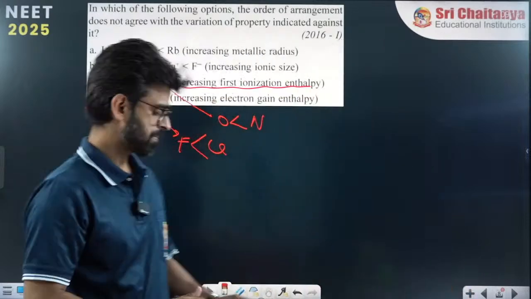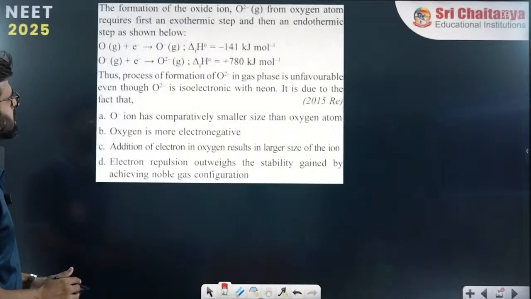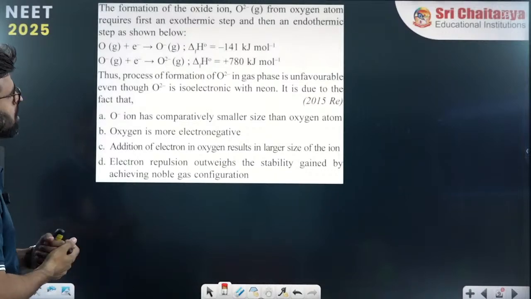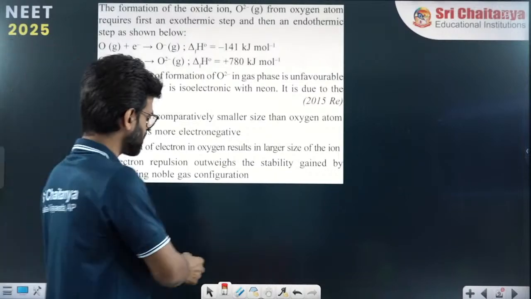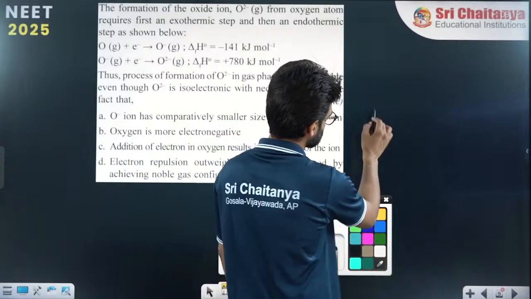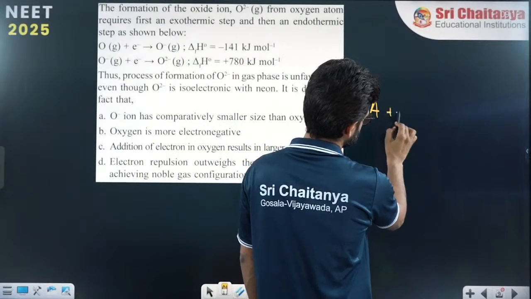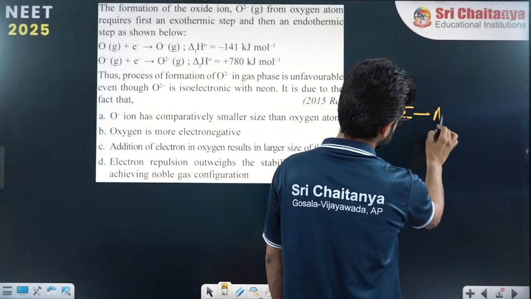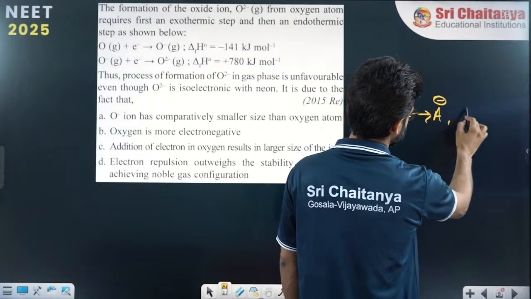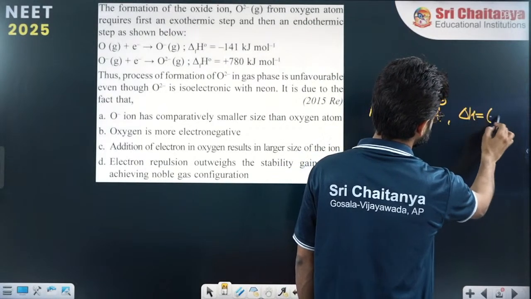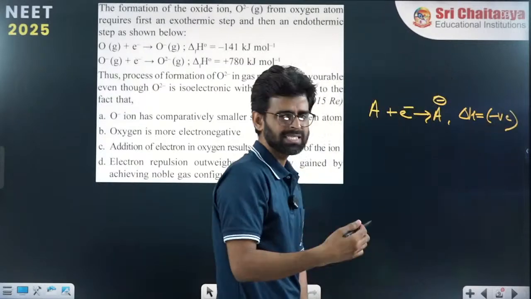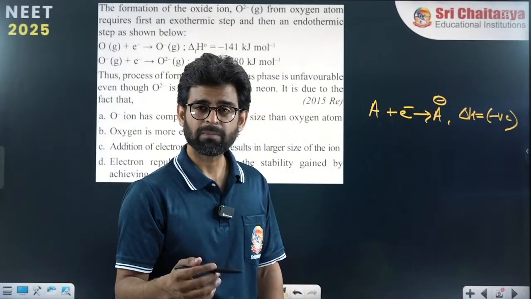Okay, fine. So the next thing, if I say the formation of the oxide ion, first of all remember one thing for this question especially. Whenever a neutral atom takes an electron, it takes it happily and releases energy, so delta H is negative, meaning Eg1, electron gain enthalpy 1, is negative.